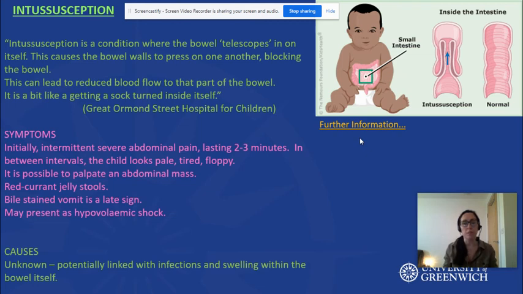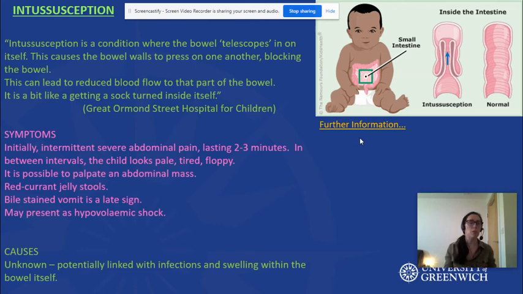So symptoms of this, not too dissimilar from volvulus. With this, we're having intermittent severe abdominal pain lasting 2 to 3 minutes. So the baby's going to be crying, they're going to be changing position, they're going to be really, really distressed for a couple of minutes, and then it stops.